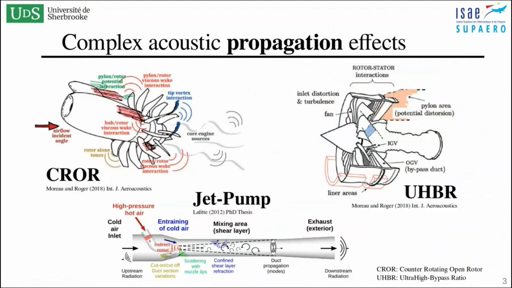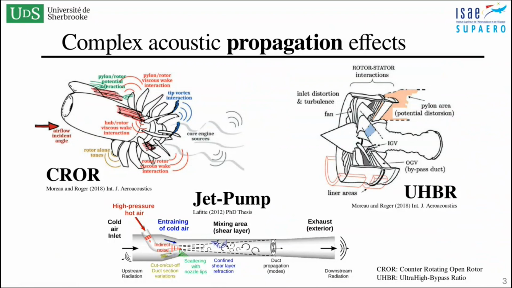Now going into the details of modern propulsion architectures, what they all have in common is increasingly complex acoustic propagation effects. As you can see here, there are three typical examples: the counter-rotating open rotor on the left, the ultra-high bypass ratio engine on the right, and on the bottom, the jet pump, which is basically a device that helps drive the air, for example, in the air conditioning systems of aircraft.